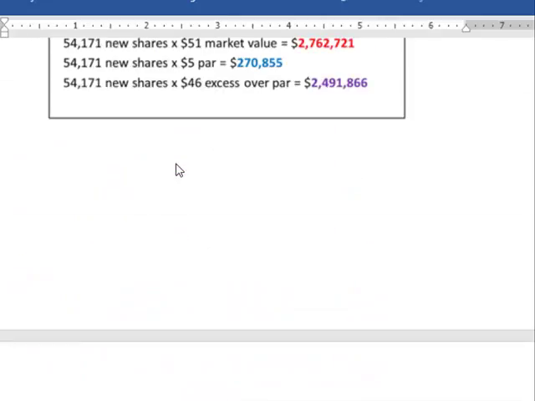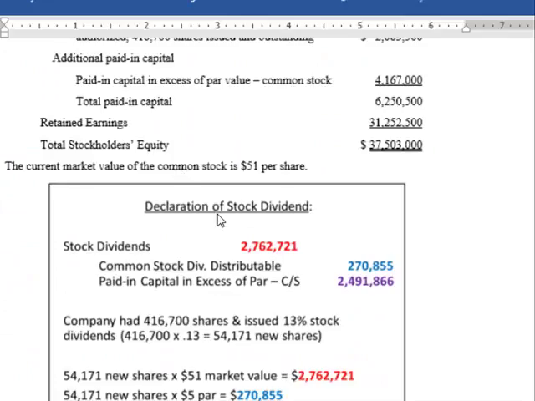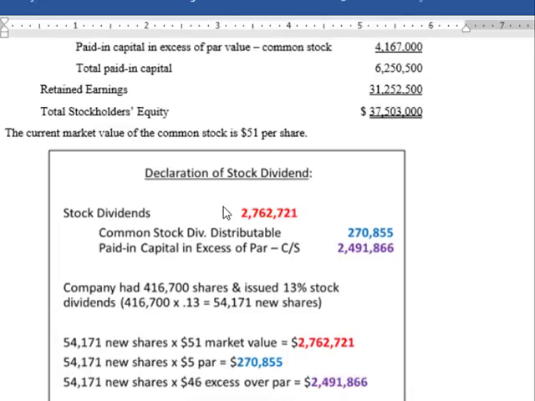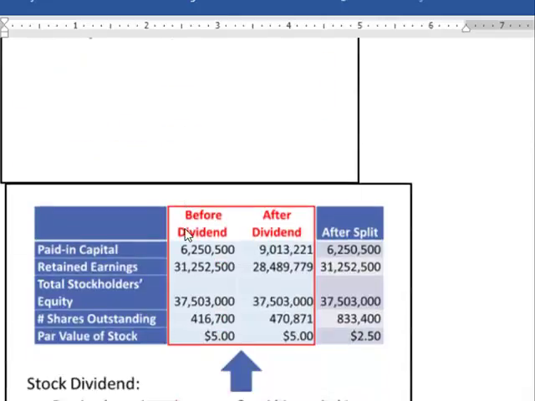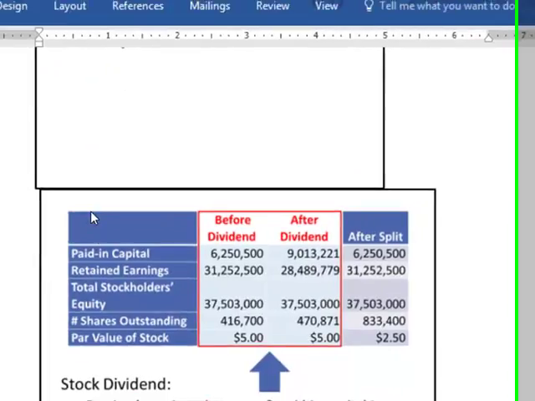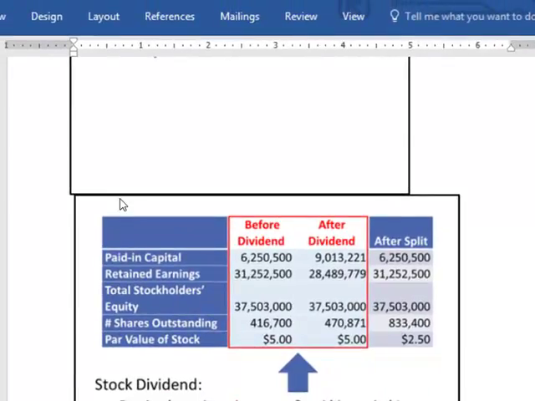And we increased those accounts in the paid-in capital section with these two credits from our first journal entry. Of course, the amount we credited to common stock dividends distributable got transferred to the common stock account in this second journal entry. So again, we're shifting money out of retained earnings into the paid-in capital section, but our total stockholders' equity balance stays exactly the same.